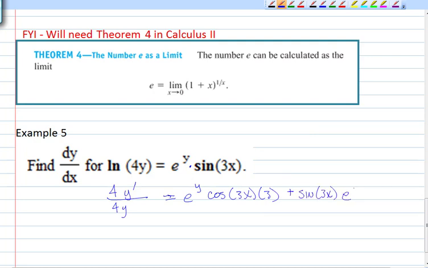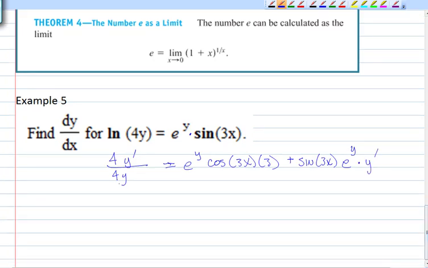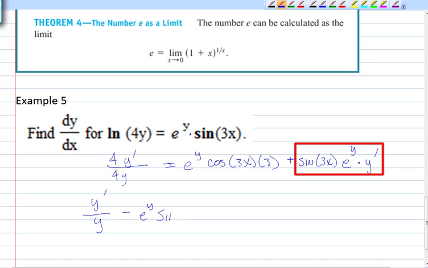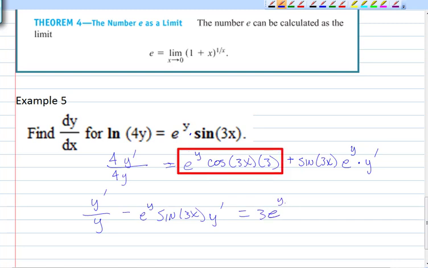And the derivative of e raised to a power is e raised to that power times the derivative of that power. So on the left-hand side, we're going to get y prime over y minus e to the y sine 3x y prime equals 3e to the y cosine 3x.